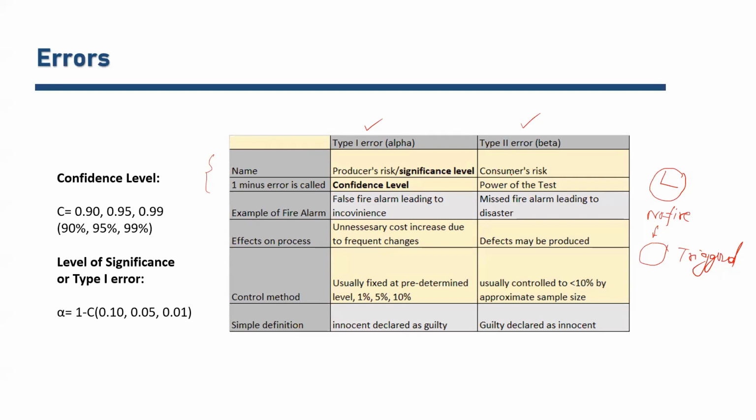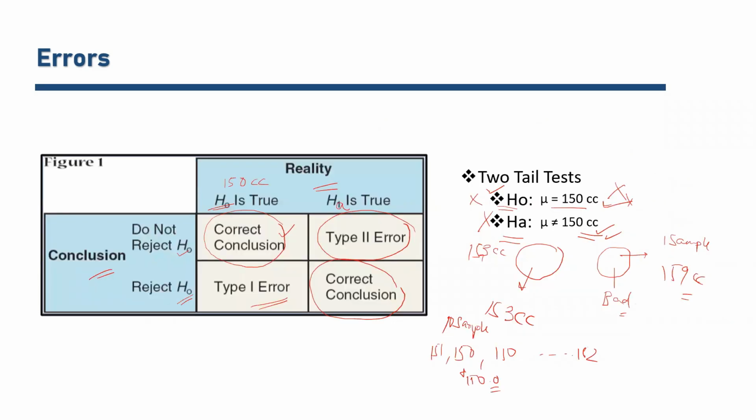Next is the type 2 error, where you missed the fire alarm. This will lead to a disaster because there was a fire and your alarm was not triggered. If you see this example, the machine had a problem. HA is true. HA is that mu is not 150 cc.